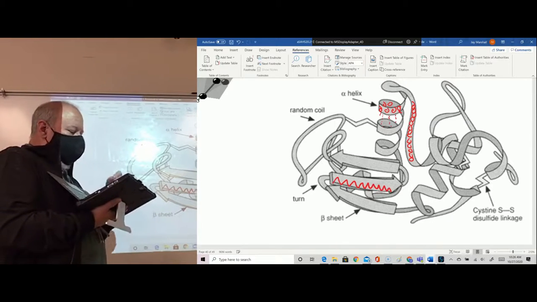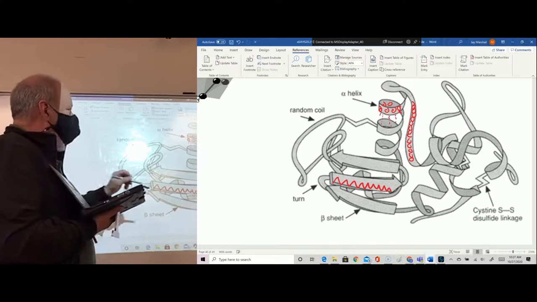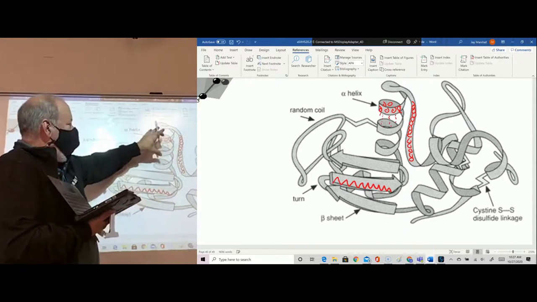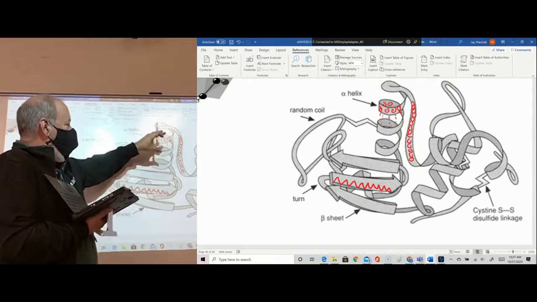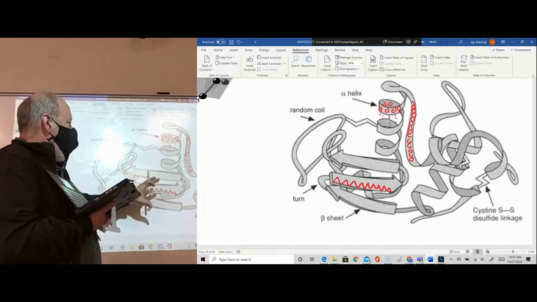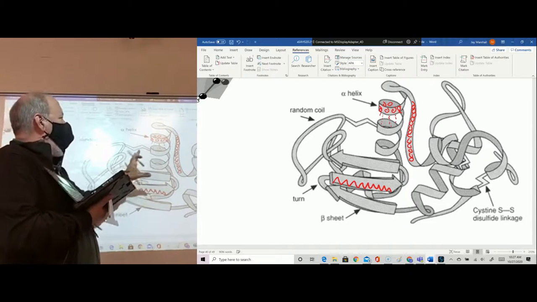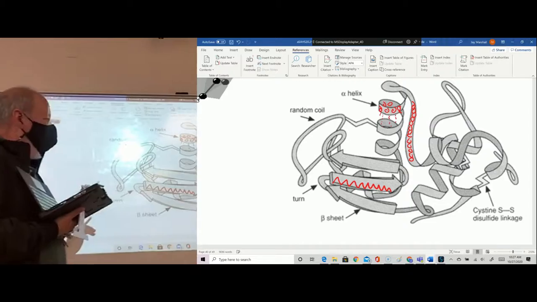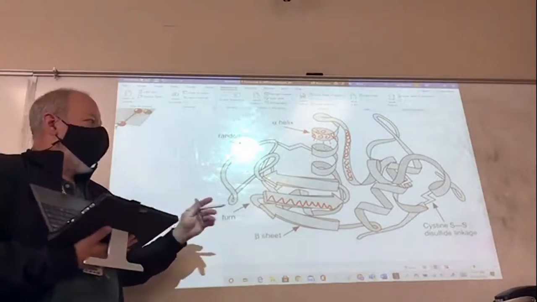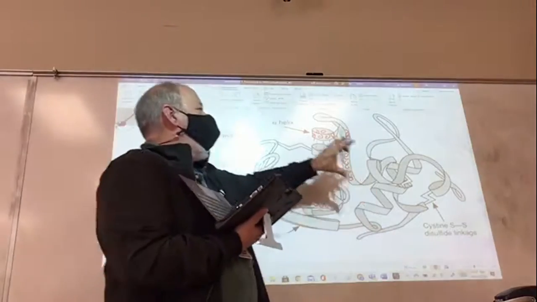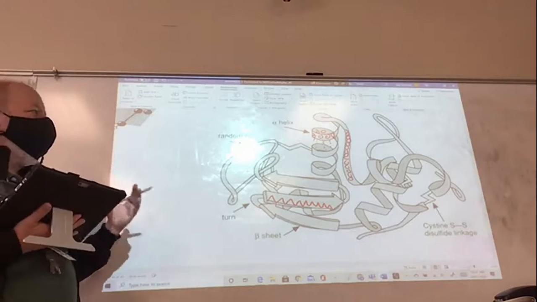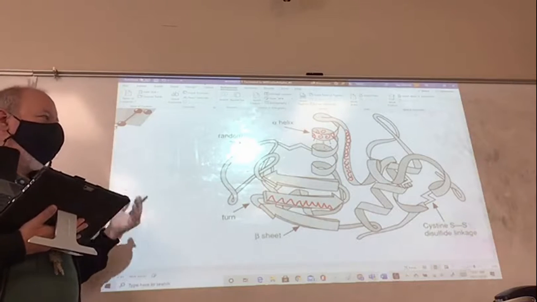And so what the R groups do is they take linear parts of this and they take helical parts of this and they take sheet parts of this and they pull them into even more complex structures. That's a pretty complex structure, isn't it? This is a machine. This does something to chemicals that provides a function.